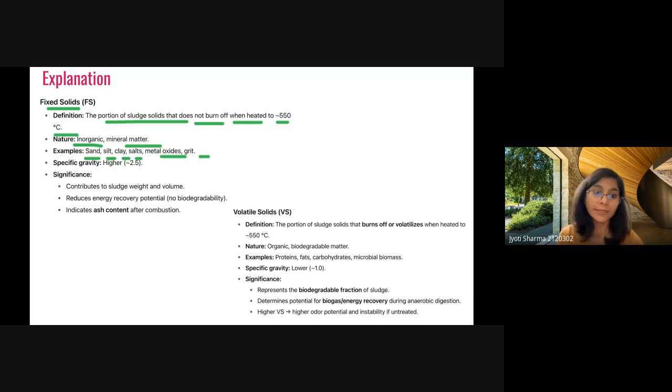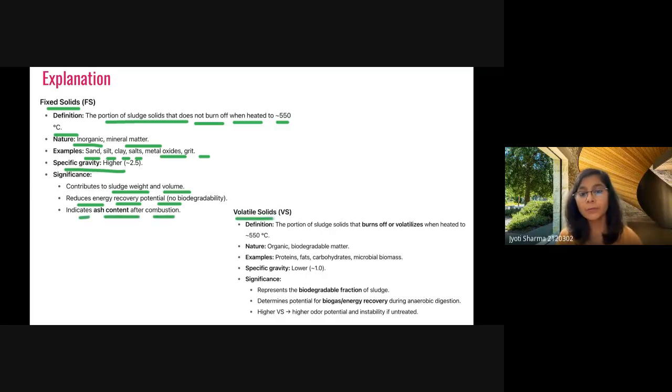Their specific gravity is higher, and the significance is it can contribute to sludge weight and volume, because these are fixed in nature. These will not be removed by combustion, right? And this reduces energy recovery potential because these are not biodegradable, and this will indicate your ash content after combustion.